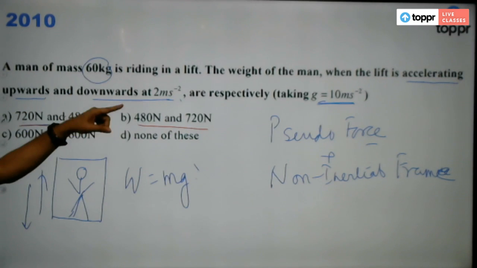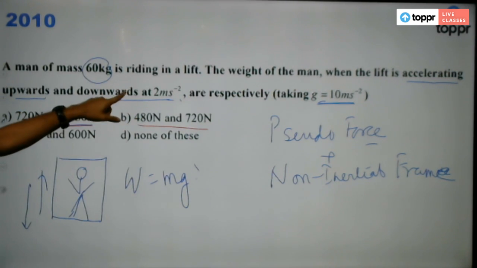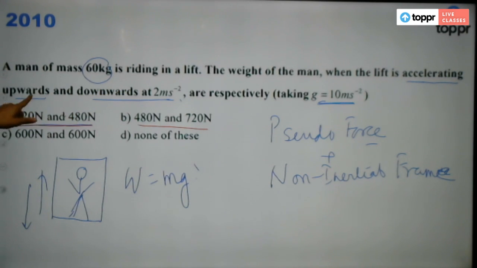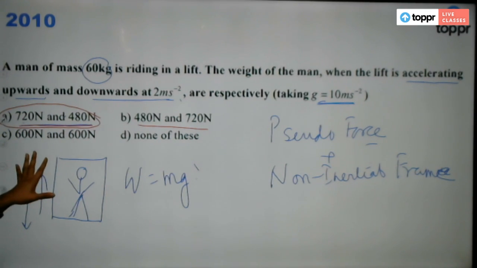But to follow the question, when the lift is accelerating upwards and downwards, first they want to know the weight when it's going upward, that is 720, and downward is 480. So definitely this will be our answer. Right? Understood? We are moving on to the second problem.